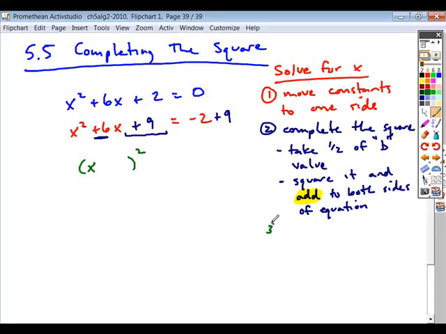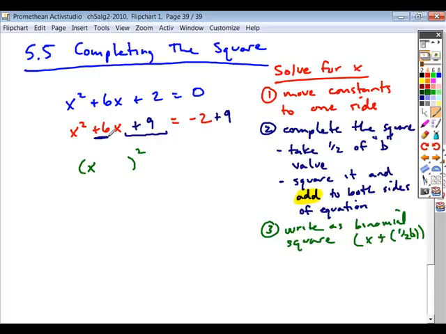Your next step here is to write as a binomial square. The form should be x plus whatever 1/2 of your b value was.